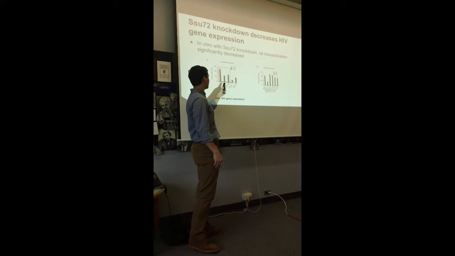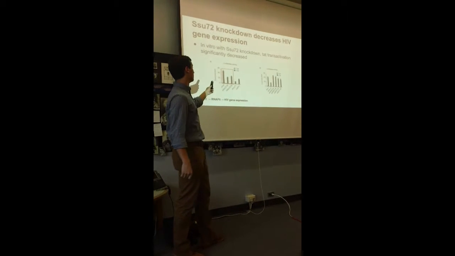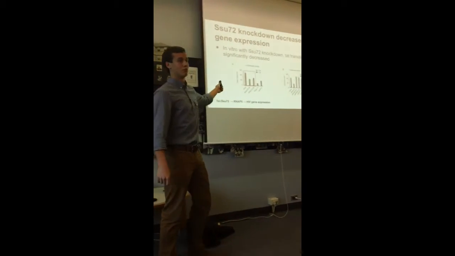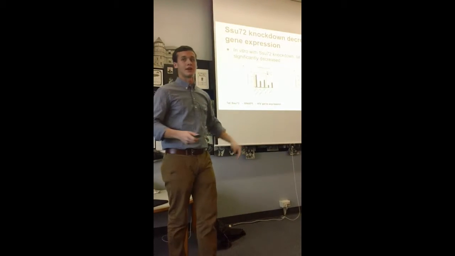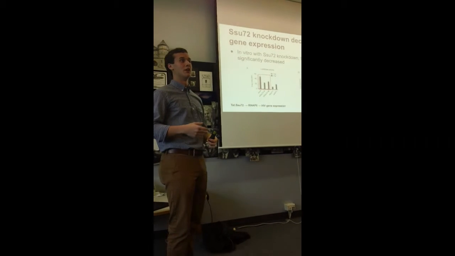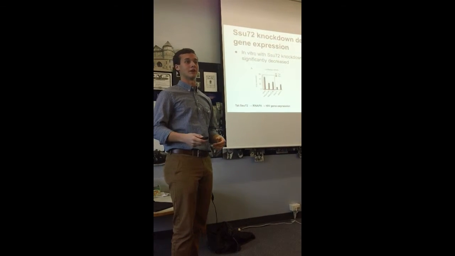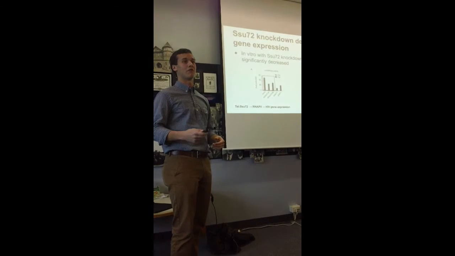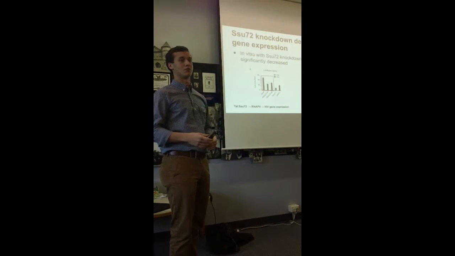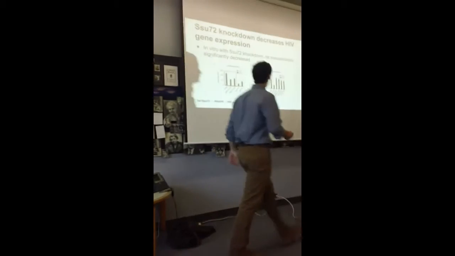But in TAT positive cells, knocked out SSU72 had significantly less HIV gene expression than in control cells with nothing knocked out. It's important because it finds that knocking out SSU72 is effective in affecting HIV transcription and how much of it is expressed in an affected cell.